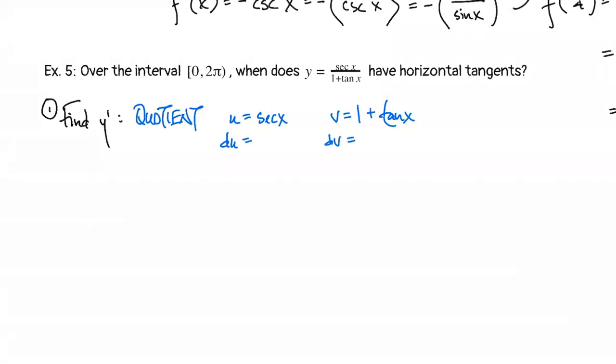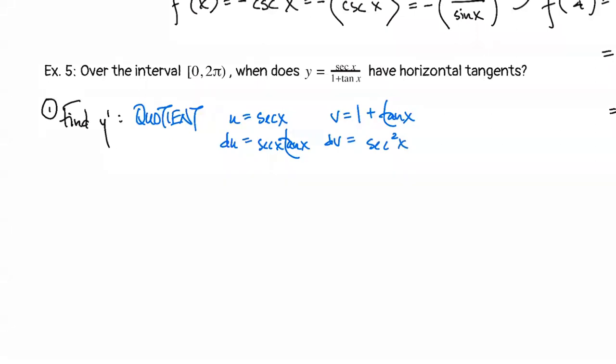Are either of these derivatives going to be negative? No, they're both going to be positive because secant and tangent don't start with the letter C. So our derivative here, we're going to get secant x tangent x, and over here we'll get 0 plus secant squared x.